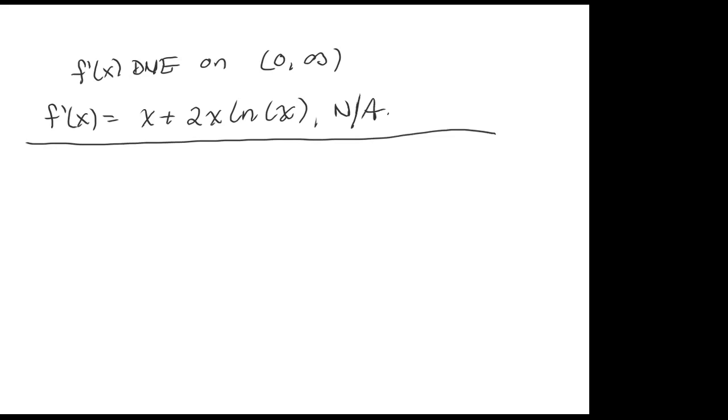All right. I'm going to put that one and only critical point on the x-axis. Don't really technically need it here, but I'll go ahead and do it just for the sake of form.